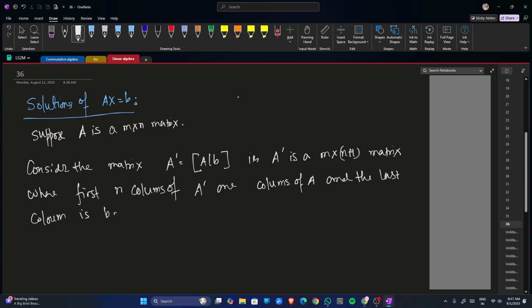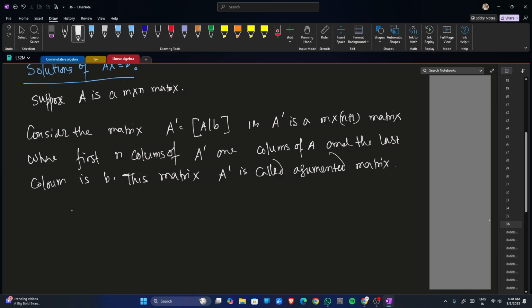This matrix A dash is called the augmented matrix. So A equal to A11 to A1n, AM1 to AMN, and b equal to b1 to bm.